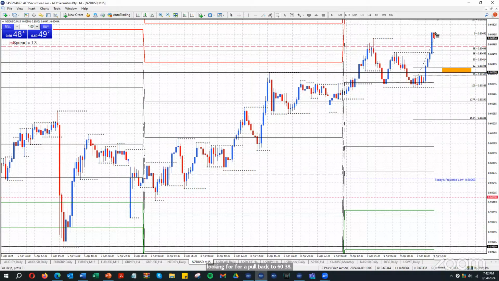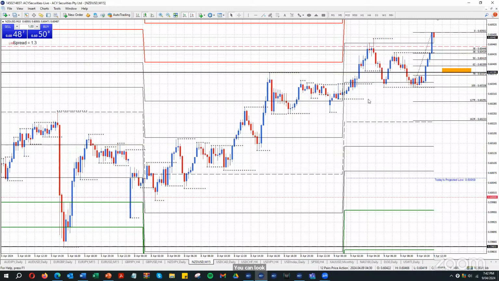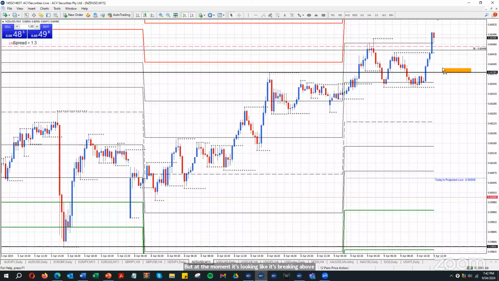You can look for a little fib pullback to get long. If you're wanting to get short, then you want to see 60.38 broken once more, because it held yesterday. But at the moment, it's looking like it's breaking above there. So the bias there at the moment is to the upside as we lead into the interest rate decision.